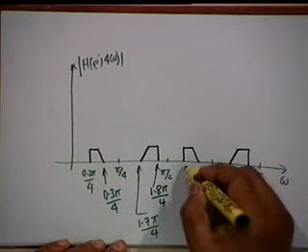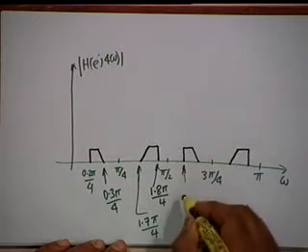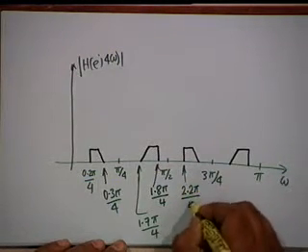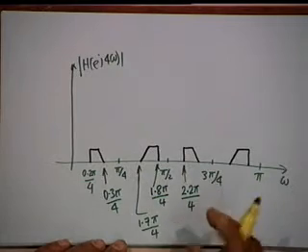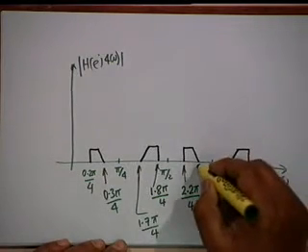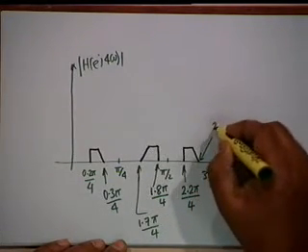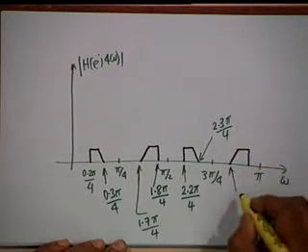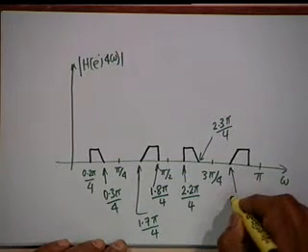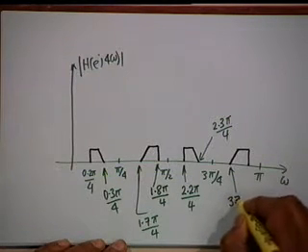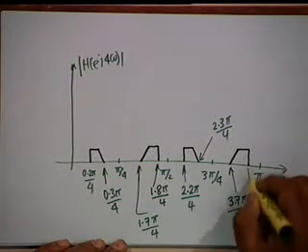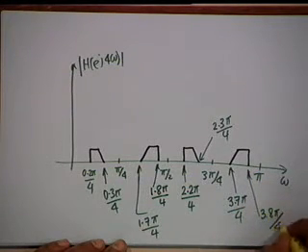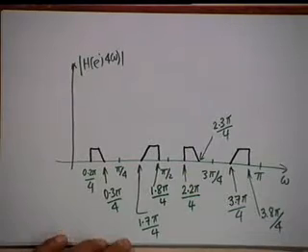Similarly this would be 2.2 pi by 4, 2 pi plus 0.2 pi, and this would be 2.3 pi by 4, this would be 3.7 pi by 4, agreed, and this would be 3.8 pi by 4. That's it, that's the picture.